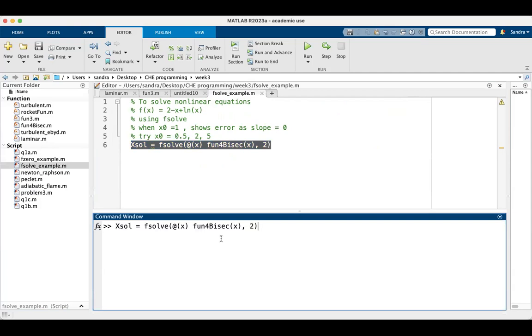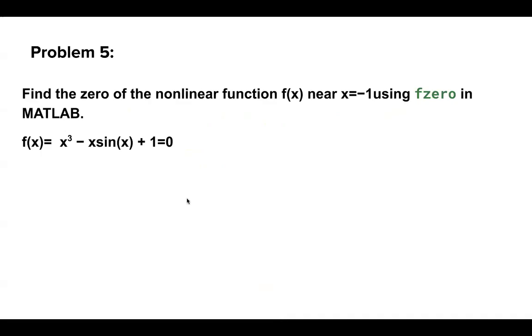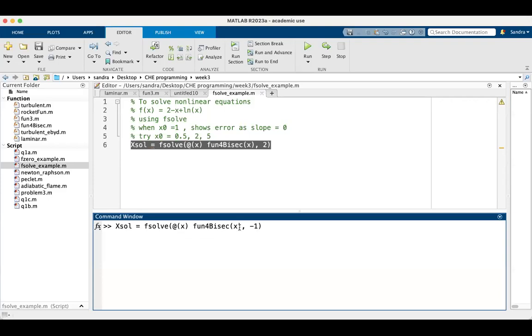What's the equation that we have? The initial guess is -1, and the equation that we have to solve is x cube minus x sin x plus 1, right? So here you write x cube minus x multiplied by sine x.